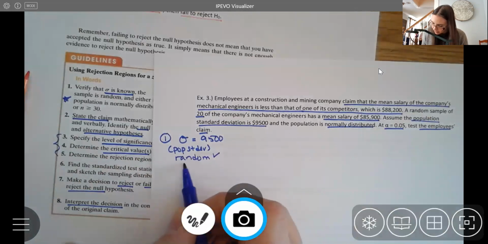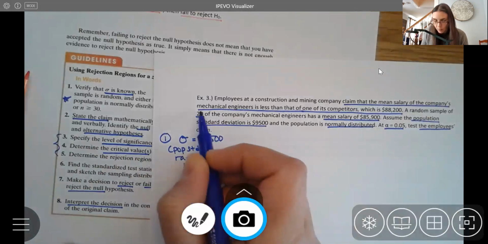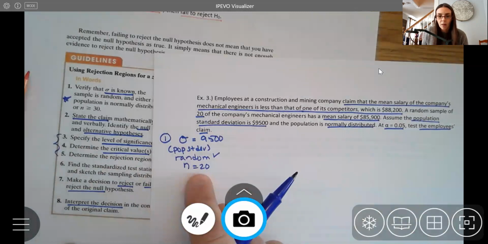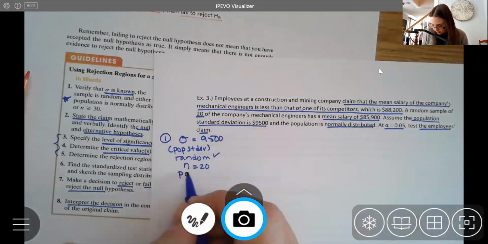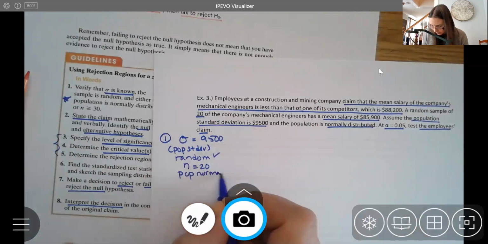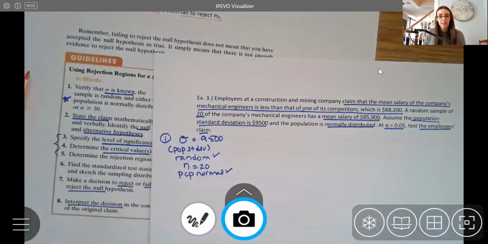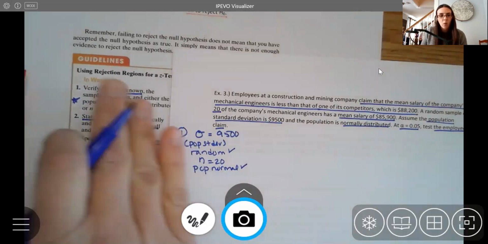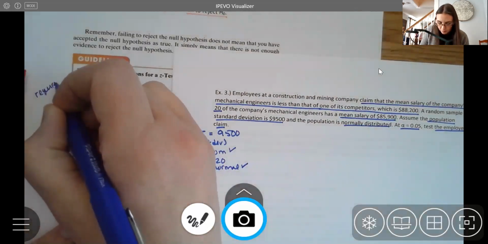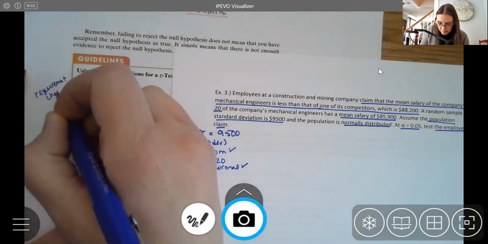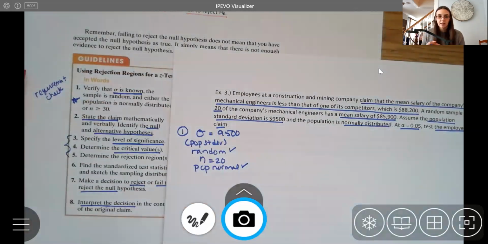Now our n here is only 20, right? I have 20. So my sample size is quite small, but we are told the population is normal. So we are okay to proceed. So again, we're just doing that requirement check. I usually just call this the requirement check to proceed and make sure we have all those pieces in place.